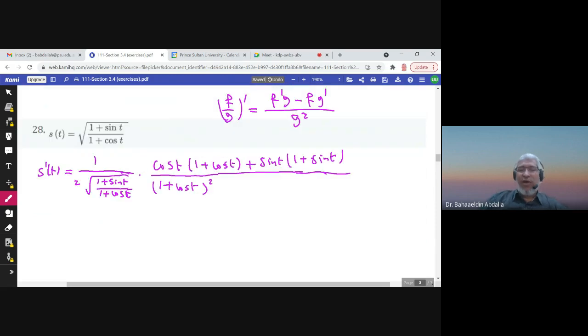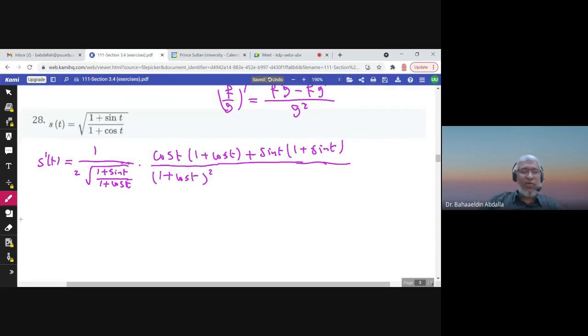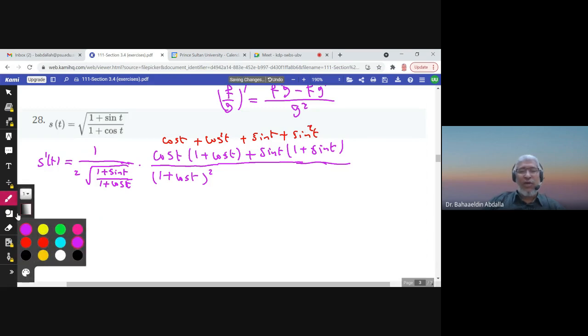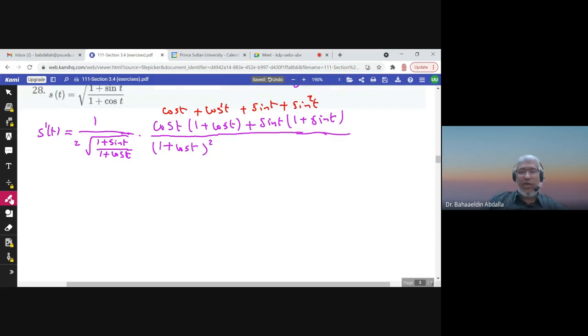If we simplify what is in the numerator, we will have cosine t plus cosine square t plus sine t plus sine square t. And cosine square plus sine square is 1.